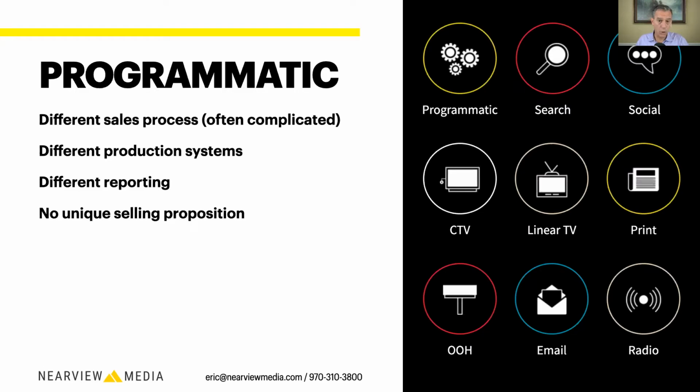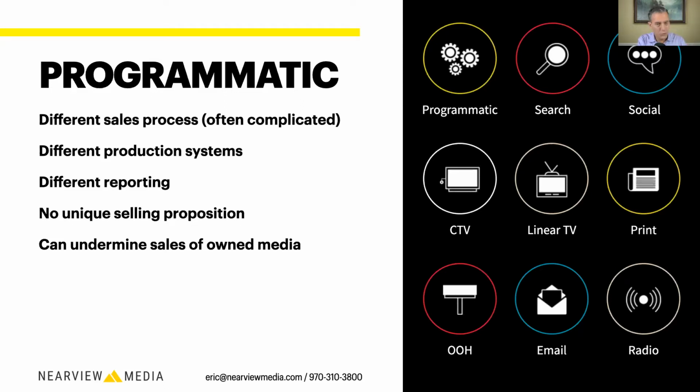Now, it does help that we can sometimes bring that to people because then they have kind of one point of sale. We become an overarching agency. That's okay. It's not necessarily a bad thing. But one of the things I oftentimes see is sellers within publishing companies get very enamored with the programmatic, and they start selling programmatic, and that's what they're focusing on selling, to the detriment of their own media, their own website, their own email newsletters.